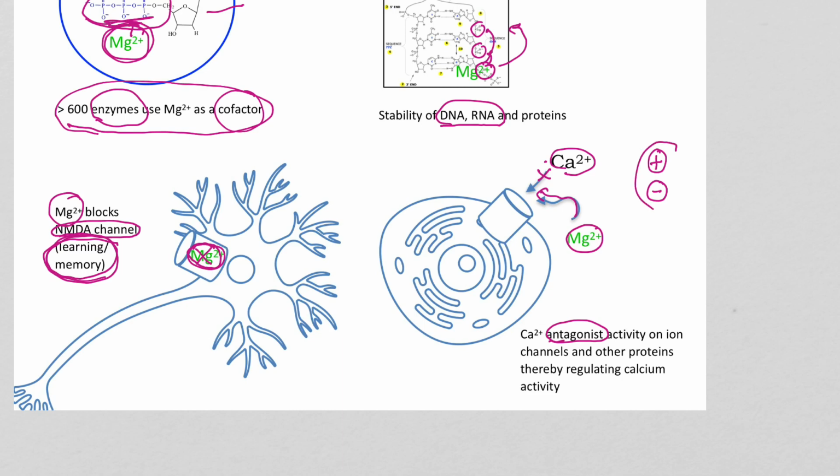So this balance, this regulation is very important. It's not surprising that magnesium is regulating the activity of calcium on all kinds of proteins, ion transport proteins such as ion channels, enzymes, and so on. Calcium is an intracellular signal, and if the activity of calcium is too strong, that is also going to be bad. So magnesium is very necessary to make sure calcium doesn't misbehave and cause all kinds of problems.